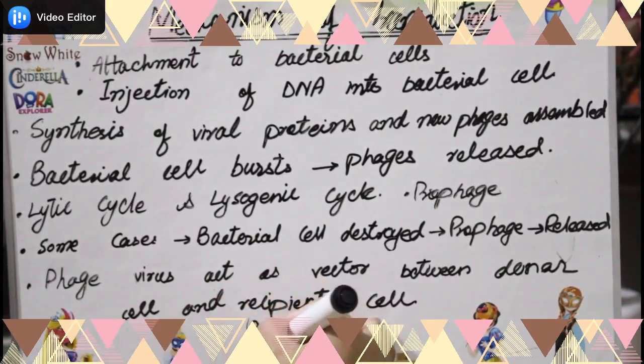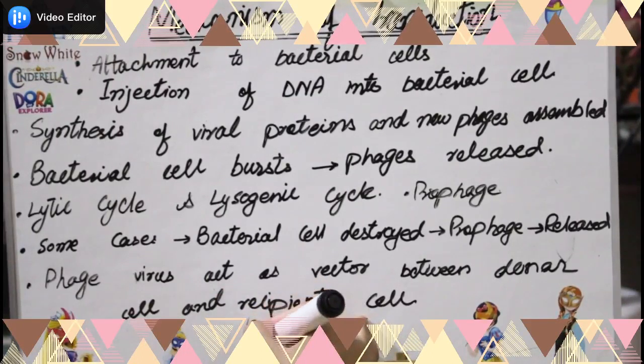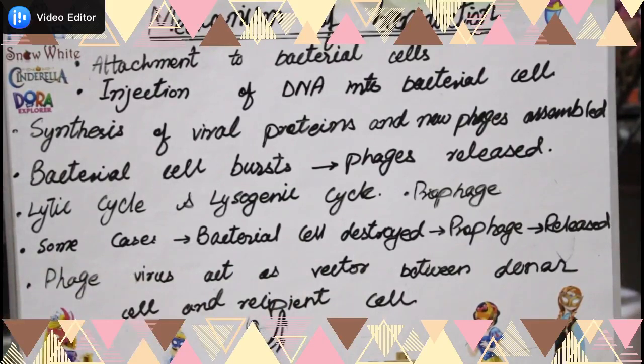Here is a U-shaped tube, and here are the two arms filled with bacterial cells, and in between they put a filter through which bacteria could not pass. So in this way there will be no transfer of the genetic material.